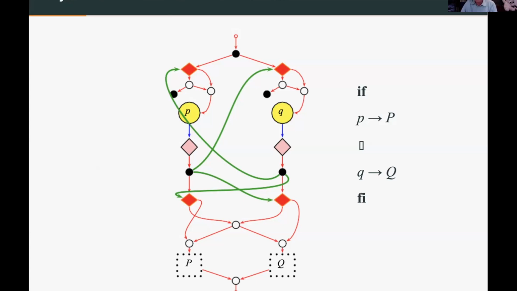You test: has control, going down the left, reached the point after testing the truth of Q or not? If yes, if that green arrow coming in on the left is live, then you go down. And down says either do nothing, go to the black circle and do nothing, or go the other way and do P.